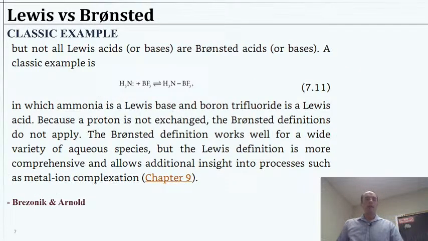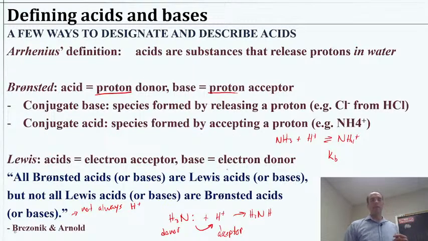Okay, so they provide an example here, and again, this is using ammonia, where we have ammonia, and there's the paired electrons here, plus boron trifluoride. In the example I gave before, we do have a proton, right? So that's both a Bronsted and a Lewis acid.